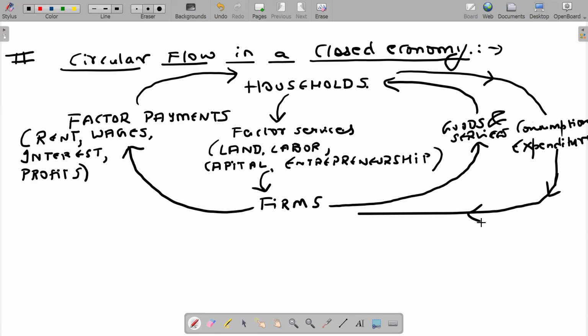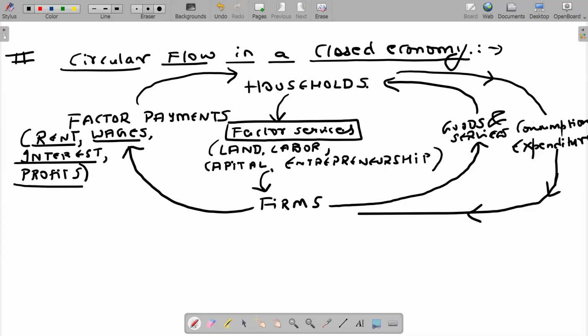Okay, so I'm repeating the circular flow diagram again. First of all, households provide factor services, which are land, labor, capital, and entrepreneurship skills to the firms. Firms pay for these factor services in the form of rent to land, wages to labor, interest on capital, and profits to the entrepreneur.